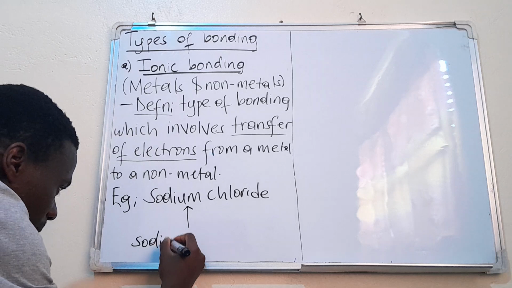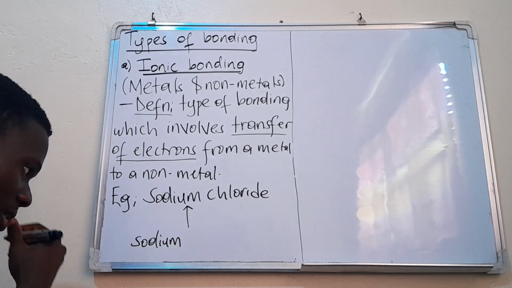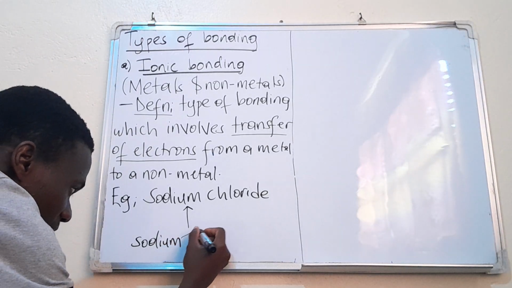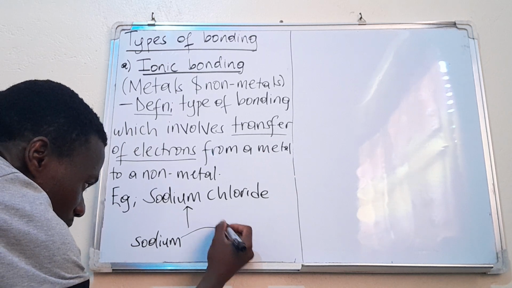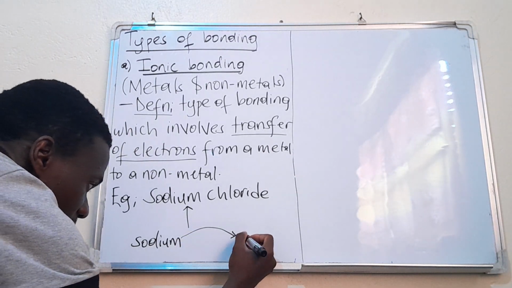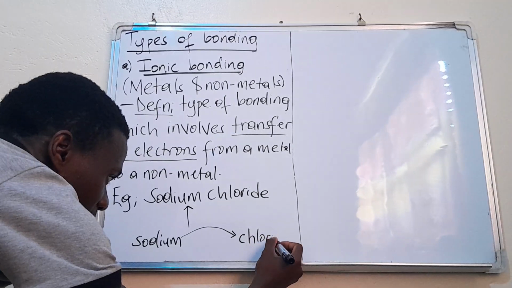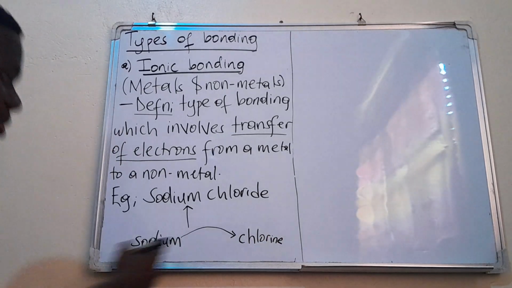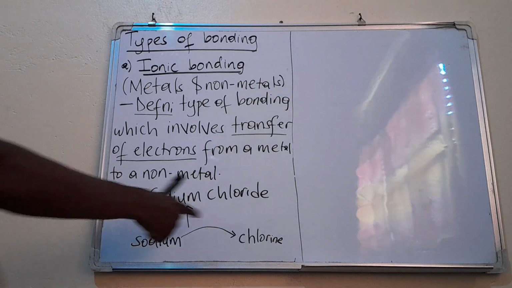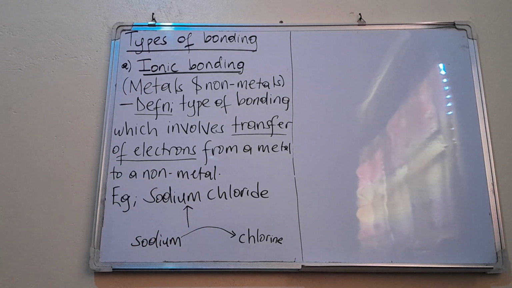So sodium transfers electrons to chlorine, which is a non-metal. When both of them combine in that way, we come up with a compound known as sodium chloride.